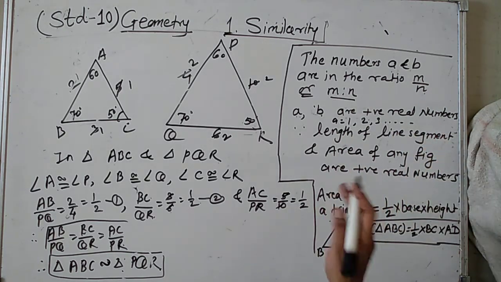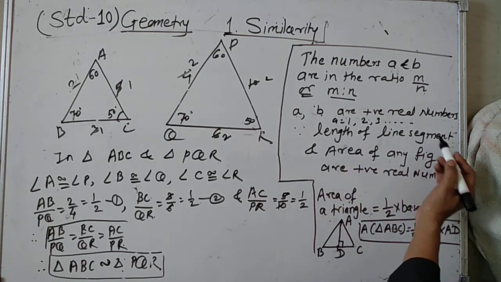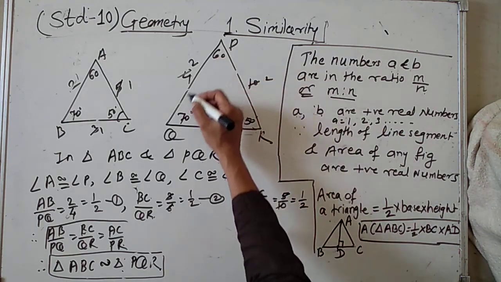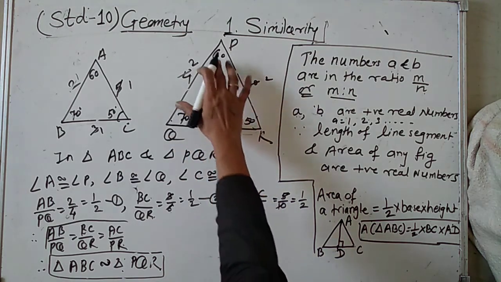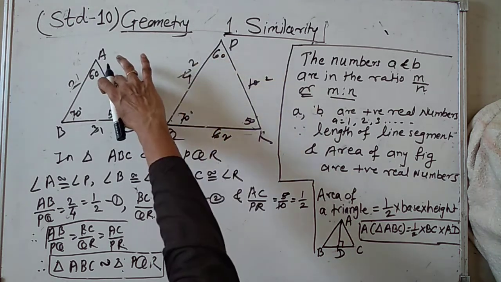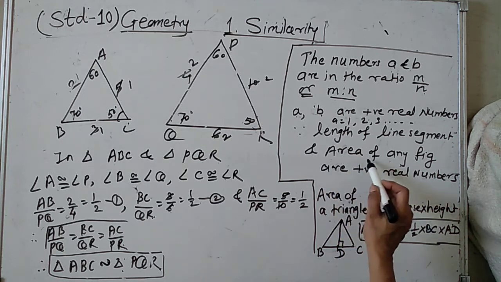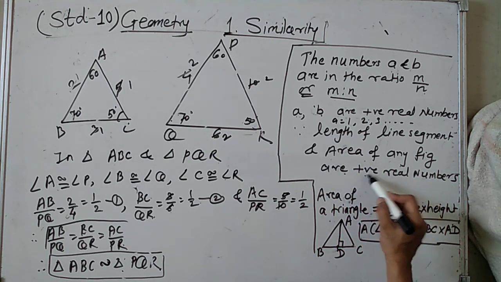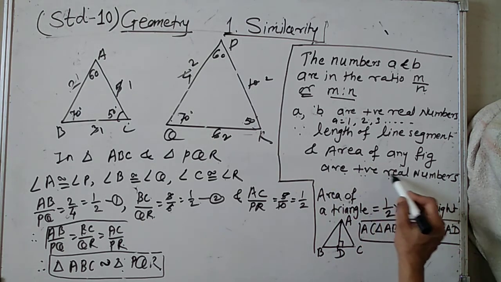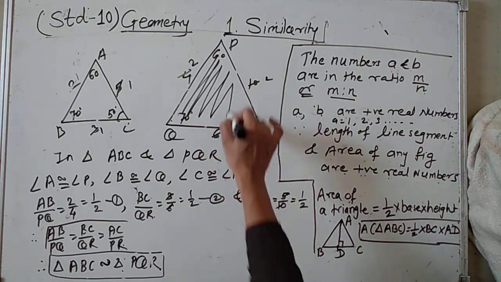So these are the positive real numbers because the length of a line segment is always expressed in positive numbers. साइड्स ज्या असतात, लेंथ ज्या असतात त्या पॉझिटिव्ह असतात, कधीच निगेटिव्ह नसतात. तसंच area of any figure are also positive real numbers. आणि एरिया पण आपण कशात व्यक्त करतो?